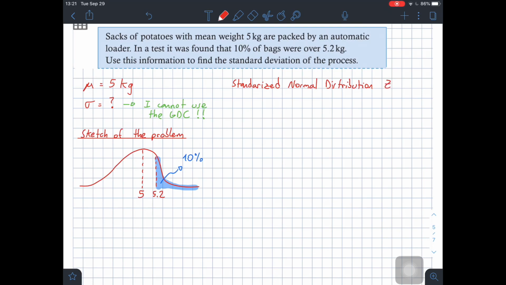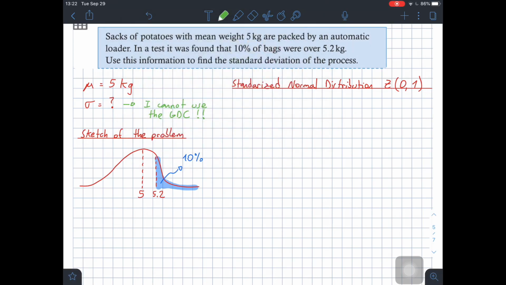Remember, it's the variable c, which always has a mean of 0 and a standard deviation of 1. We do this to translate the values of this problem into a standard normal distribution to be able to solve it.